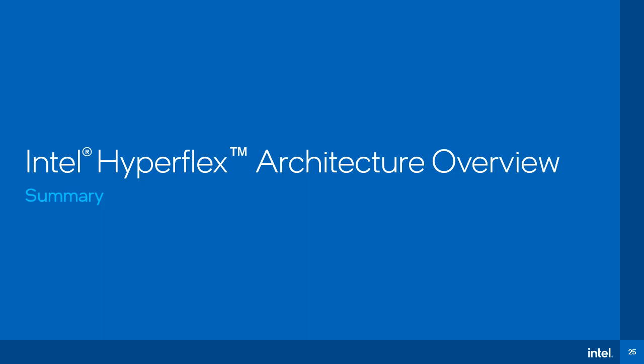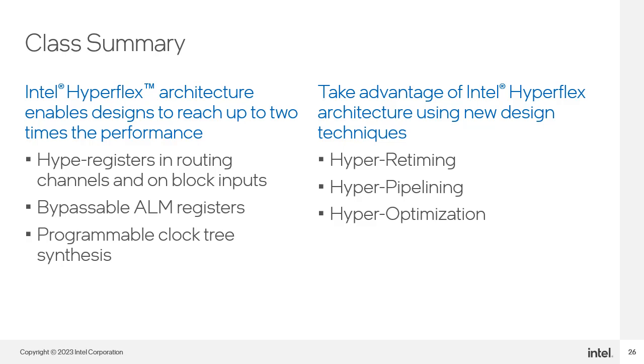So this concludes our look at the Intel Hyperflex architecture. As you can see from this training, the hardware changes available in the Intel Hyperflex architecture enable designs to achieve higher performance, on average, over previous FPGA architectures and generations.